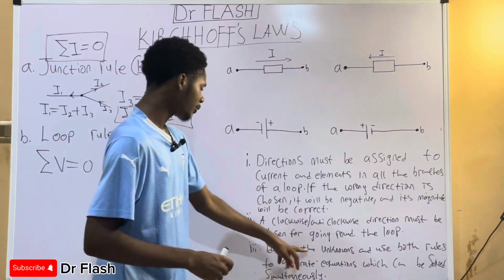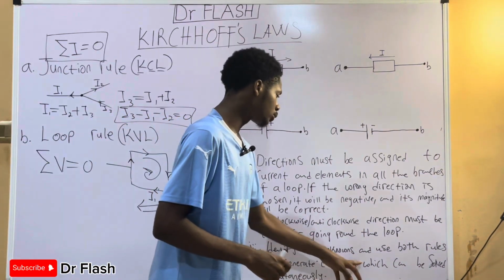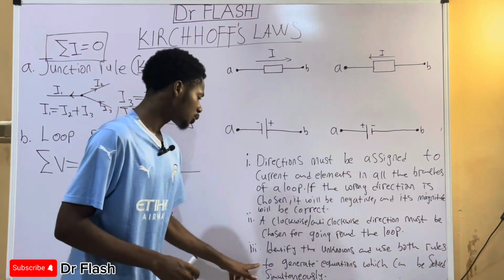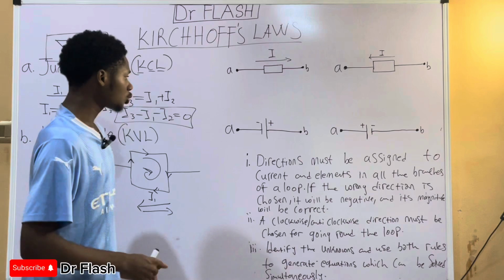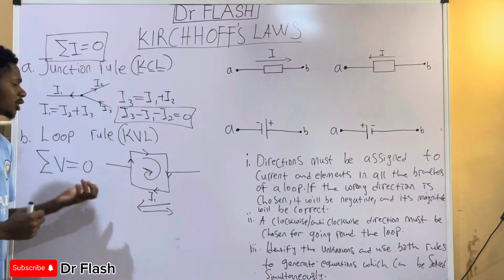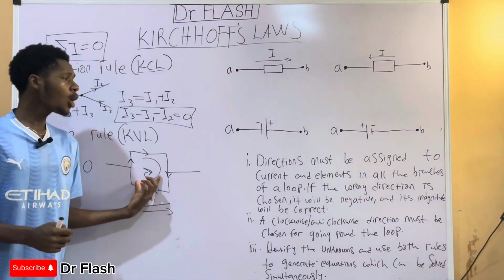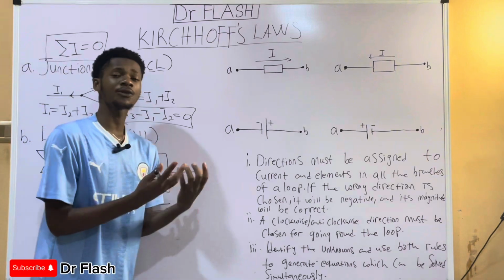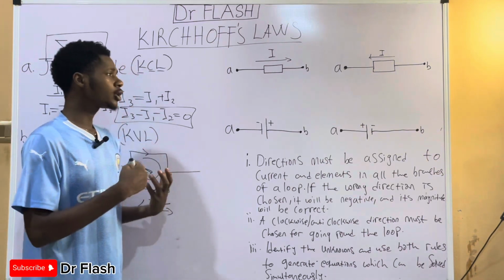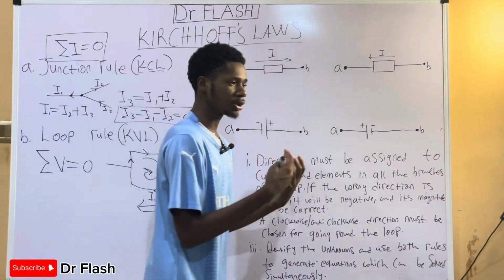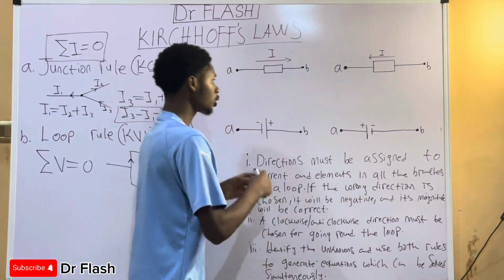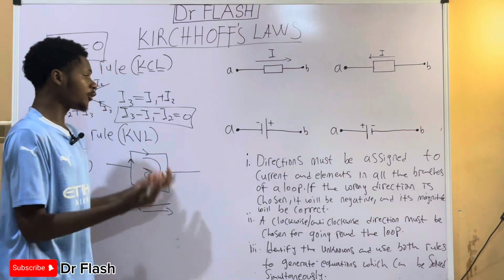Lastly, identify the unknowns and use both rules to generate equations which can be solved simultaneously. After these two laws have been applied to a problem, we generate a series of equations. We identify what we have to solve for, which could be the current through a particular resistor, the current through the whole circuit, or the voltage.